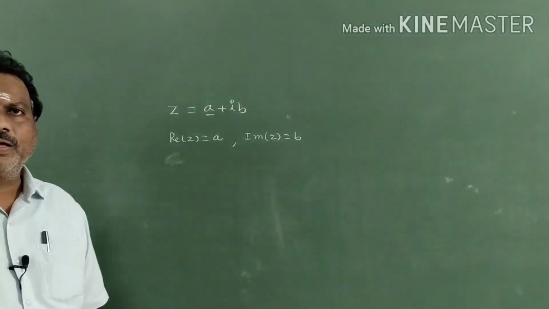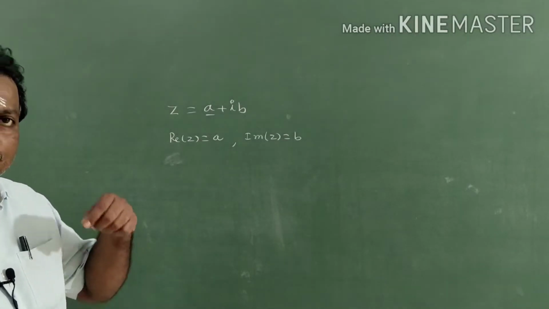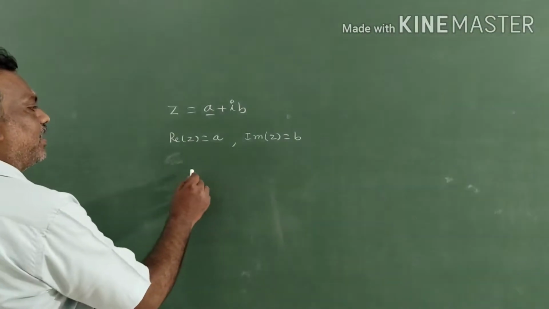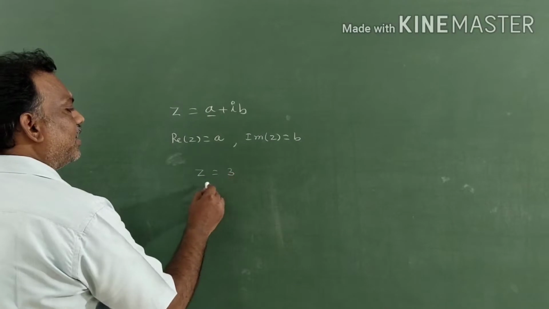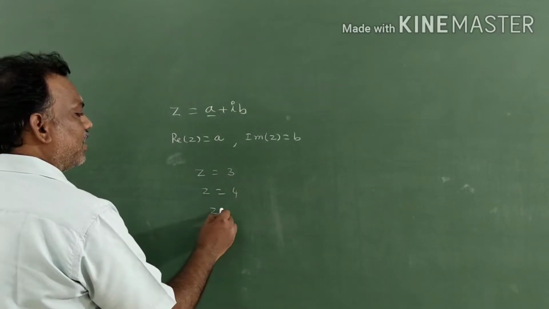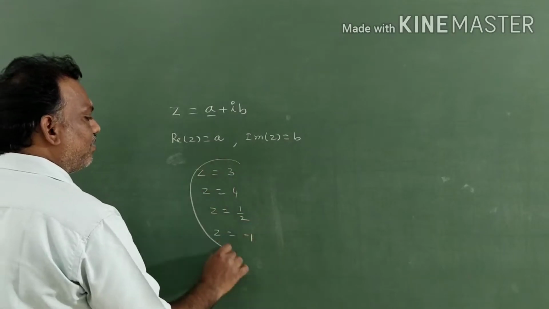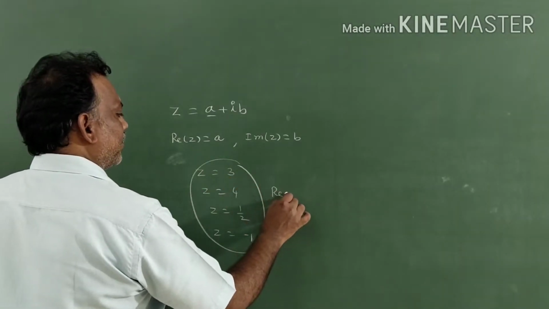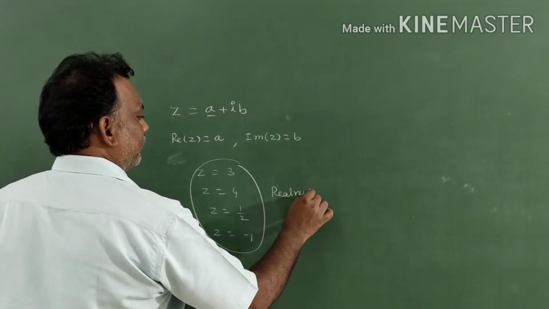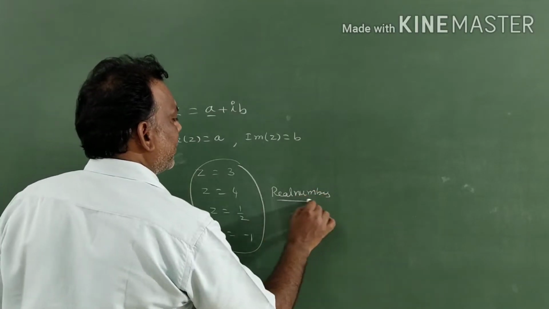I told that generally, complex numbers like Z is equal to 3, Z is equal to 4, Z is equal to 1 by 2, Z is equal to minus 1, all belong to the real numbers.